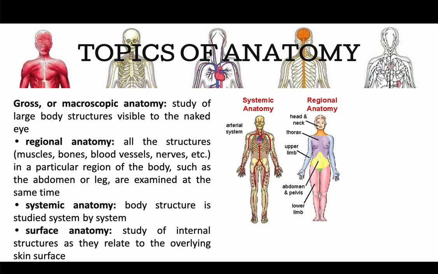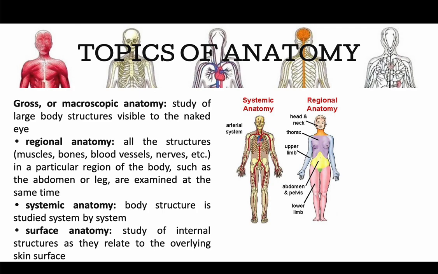So, next is your gross or macroscopic anatomy. This is a study of large body structures visible to the naked eye. So, we have regional, systemic, and surface anatomy. Your regional anatomy, so that's all the structures, no? When you say abdomen, lahat ng bones, muscles, blood vessels, and nerves doon are examined at the same time.